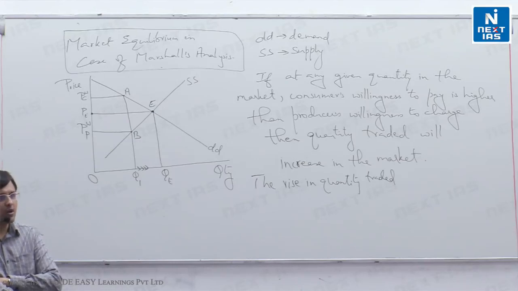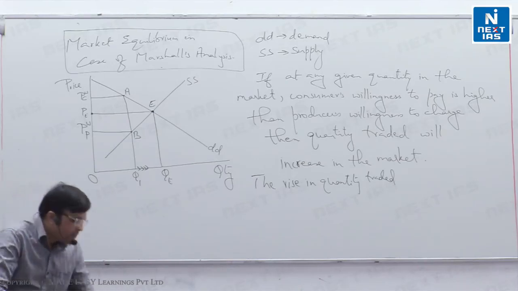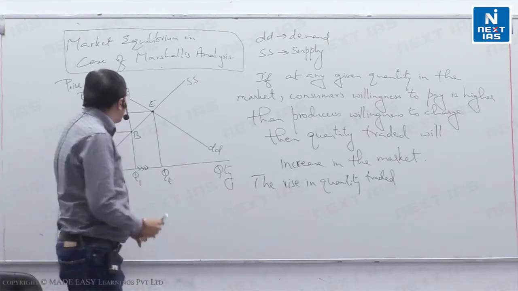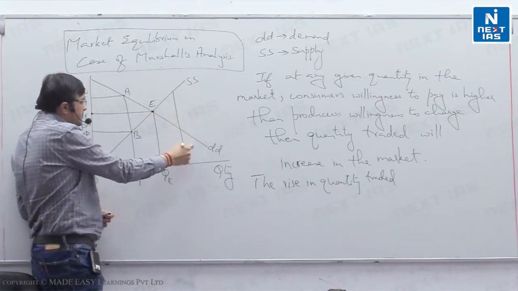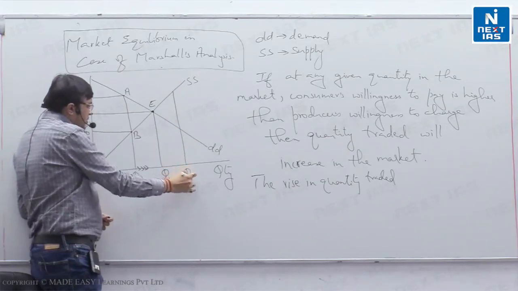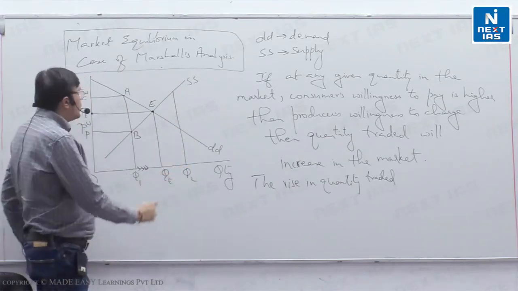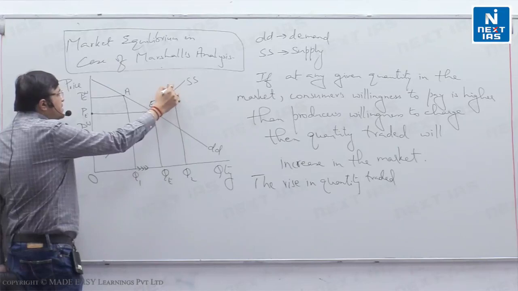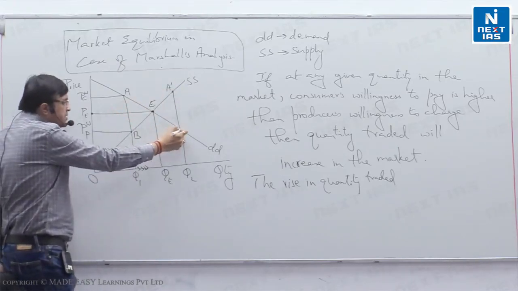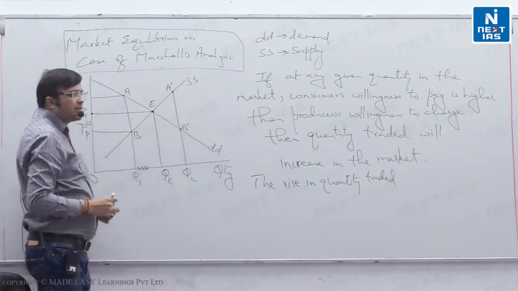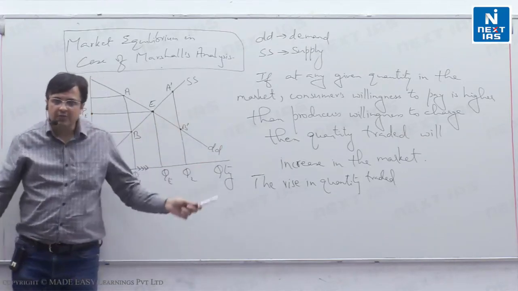Remember, the other way around holds the same way again. Think, if you are at a point like Q2, now again your willingness to charge can be this A dash, but your willingness to pay is B dash, vertically. See the graph? Vertically.